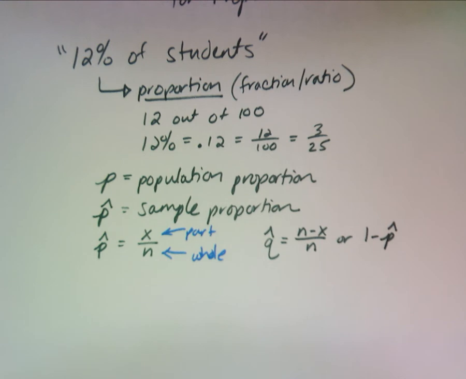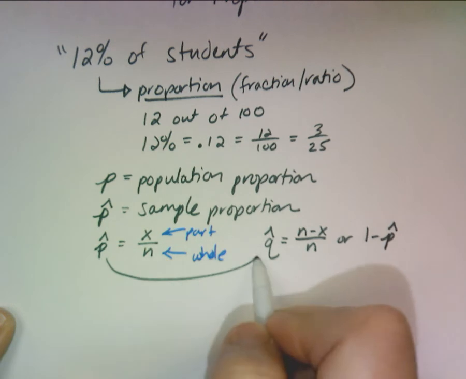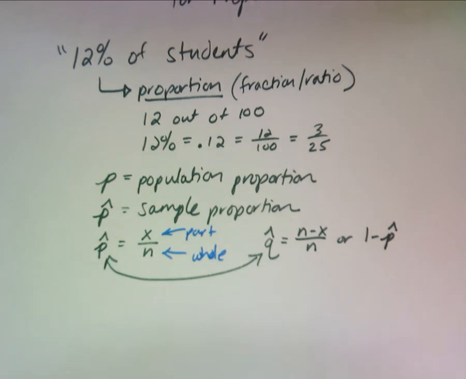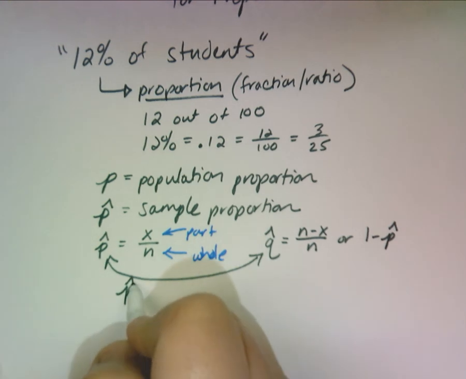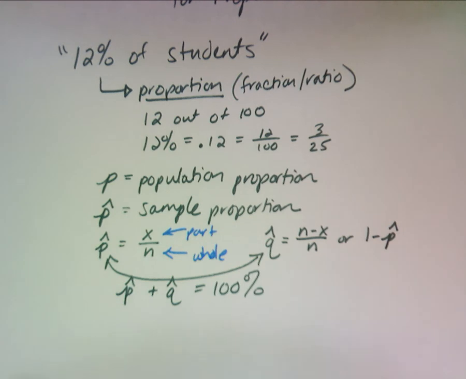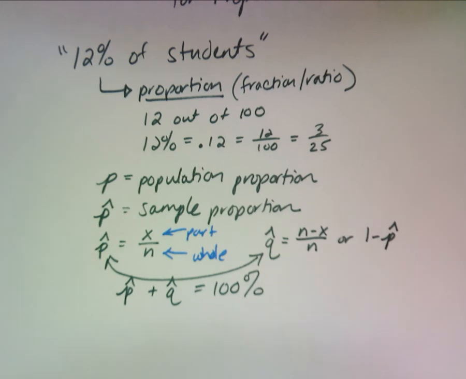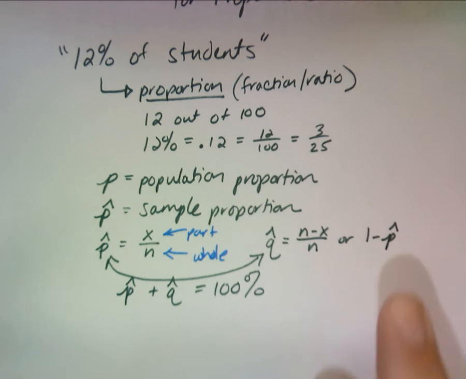P hat and Q hat together must make 100%. That's all. So if I said P hat is 43%, Q hat would be 57%. It's 1 minus P hat, so 100%.